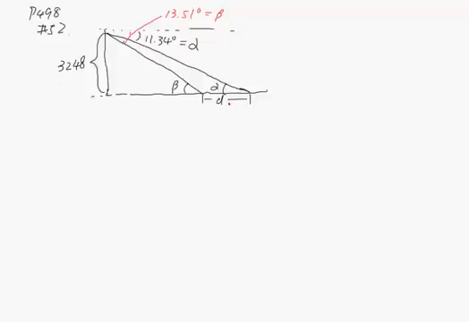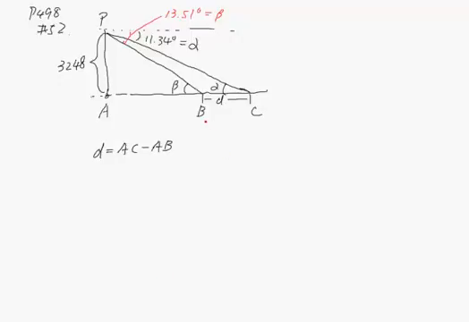Okay. So let me call this point A, and this point B, and this point C, and this point P. Okay. So the distance D should be equal to AC minus AB, right?